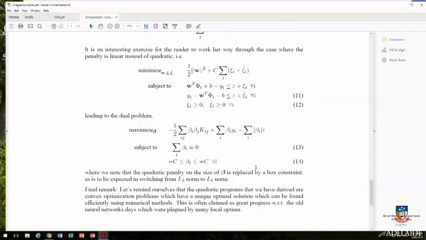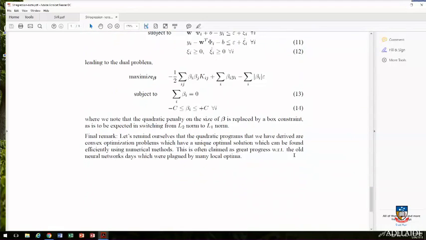So this is the one we use in our slides. The way to calculate the training error can be linear instead of quadratic. In the case of linear, we get something like this.